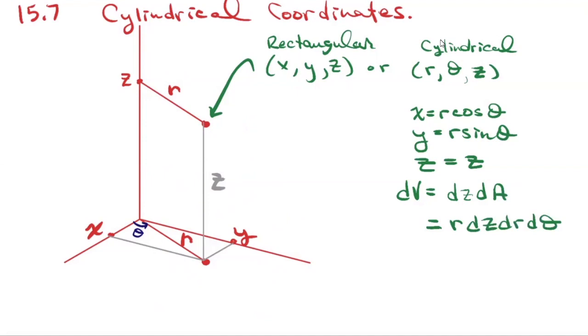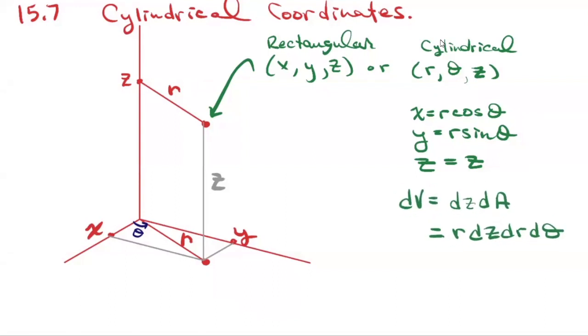Okay, so basically the r from polar carries over. The r in dA carries over into dV in cylindrical coordinates, because cylindrical is just polar coordinates with a z coordinate.